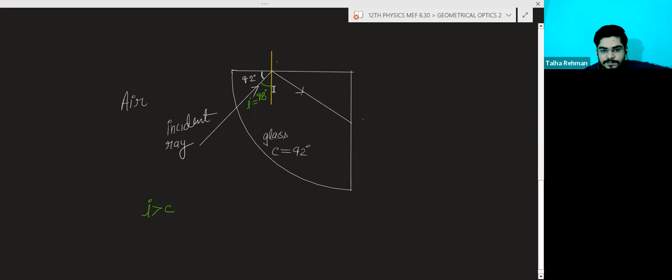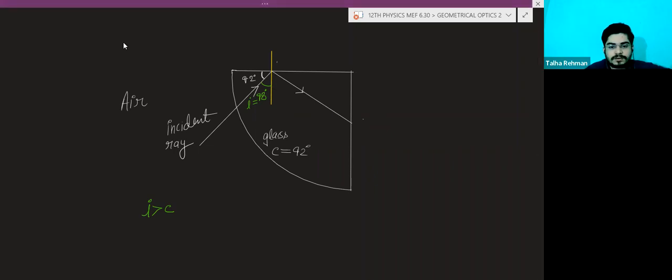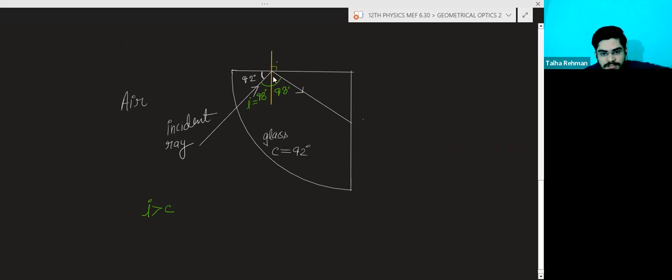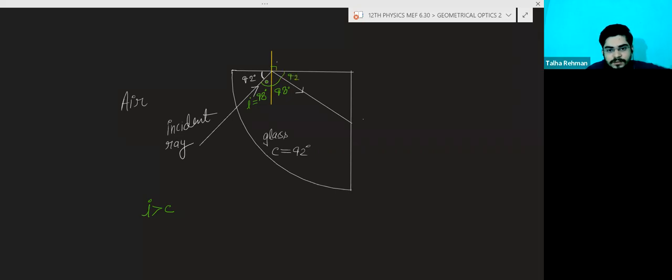If this angle is 48, this angle will also be 48 because angle of incidence equals angle of reflection. This angle is 90 degrees, as this is the normal. So this angle will be 42 degree again.